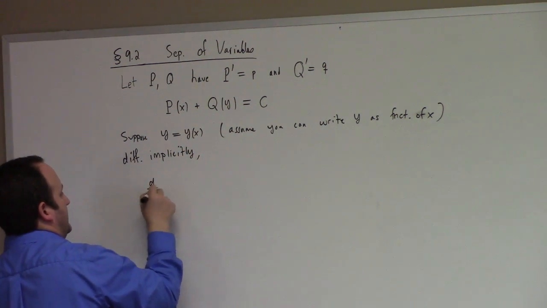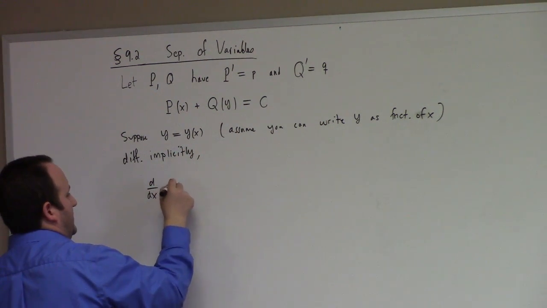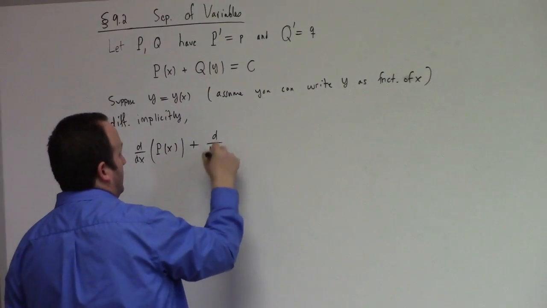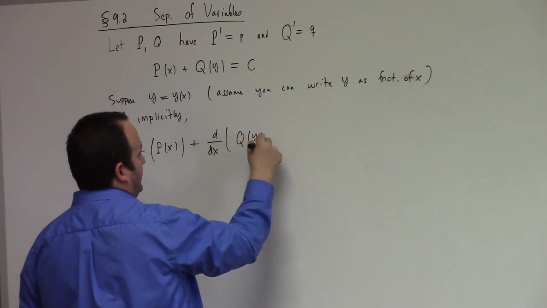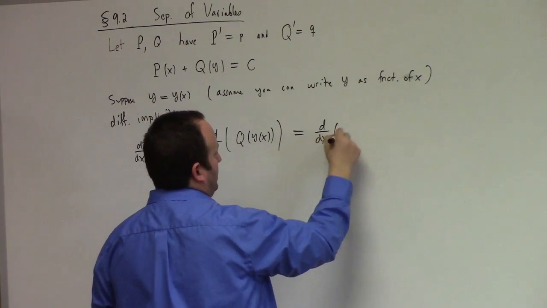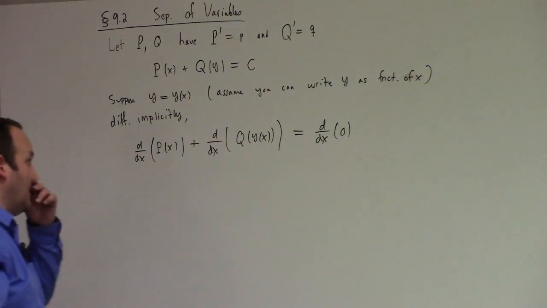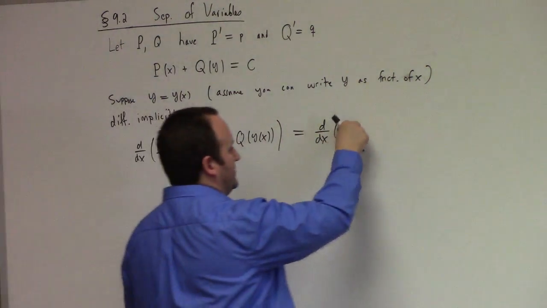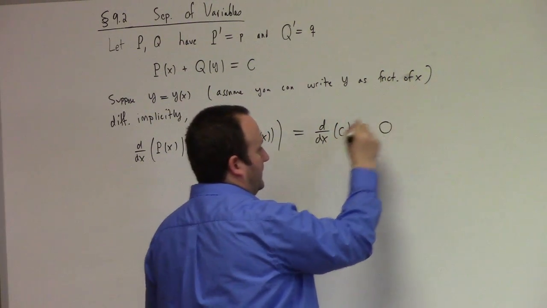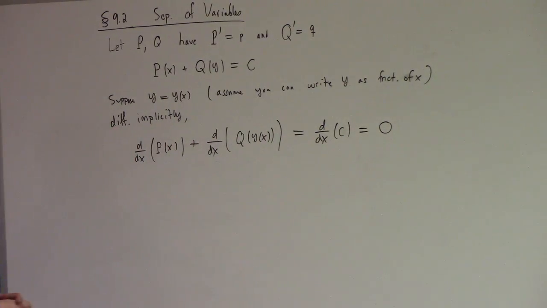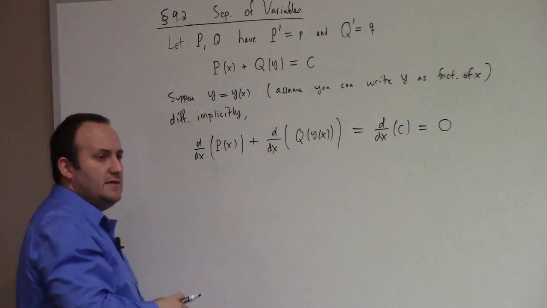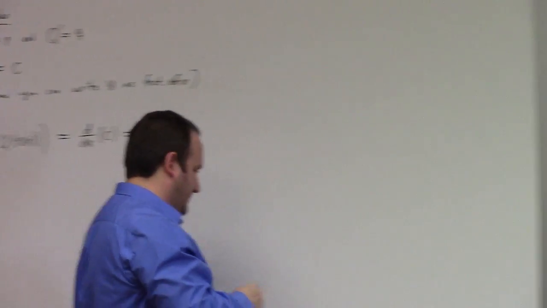So we're going to take d/dx of big P of x, plus d/dx of Q of y of x, is equal to d/dx of a constant. Now, I'm using the linearity of the derivative, right? Sorry, the derivative of a constant, but I might as well put a 0 there. This is what? 0, right? The derivative of the constant term is 0. Now, the derivative of P is just little p, right?